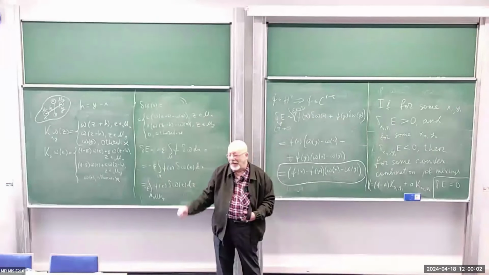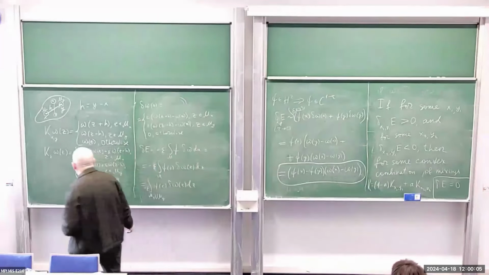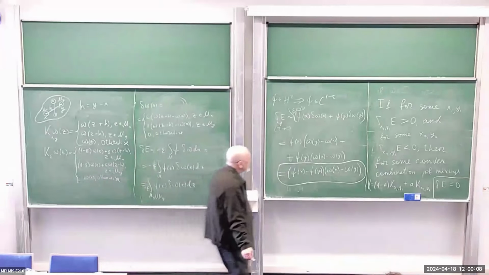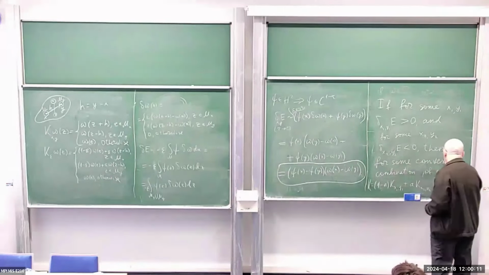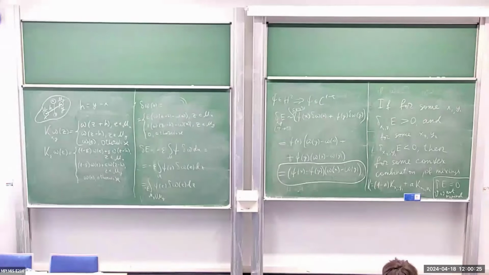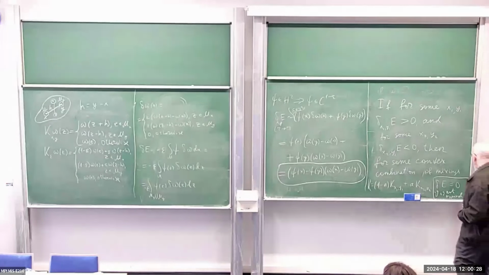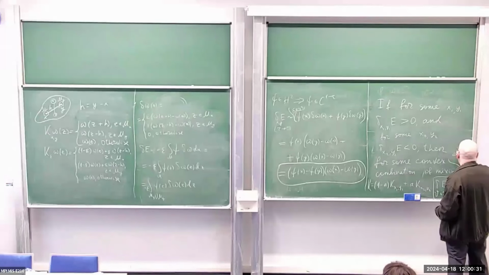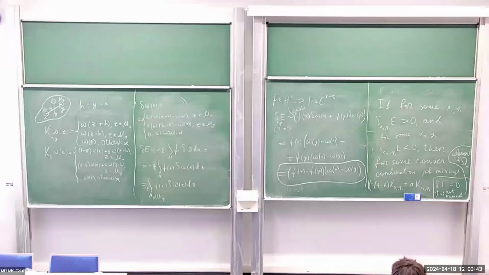So this means that V is not minimal. It is not a minimal element of omega u.